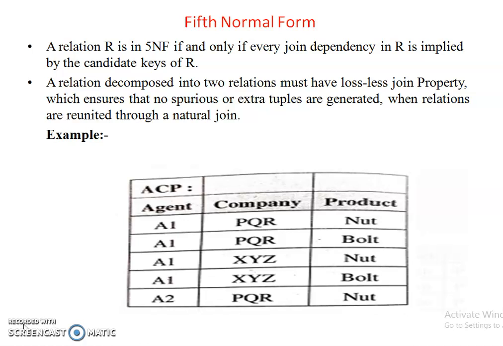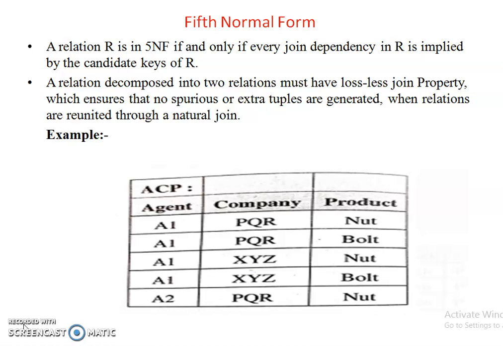So consider this example, relation ACP, which means agent, company and product. This relation contains the name of the agent with respect to company name and name of the product they sell.